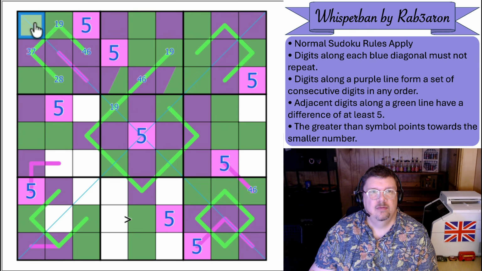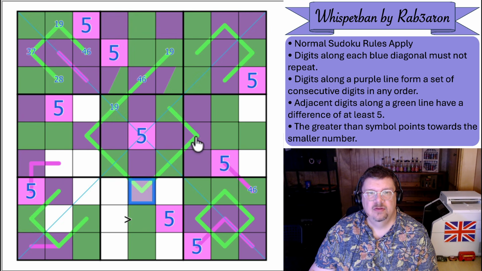So if green is low, these would be 3 and 4, making these 1 and 2. Okay, back to this line.